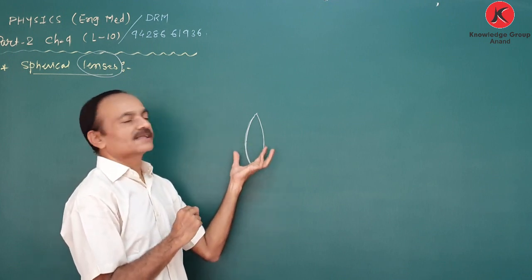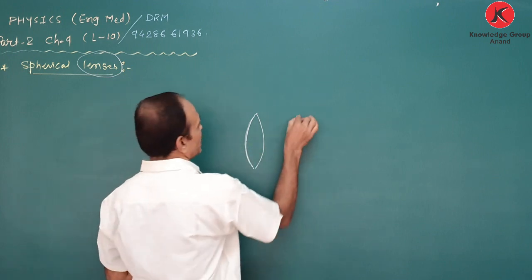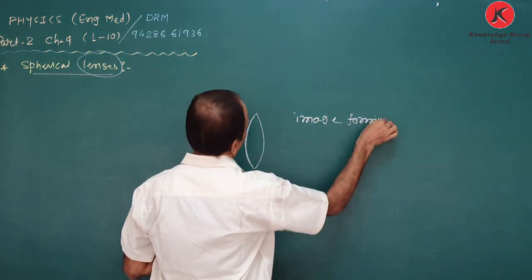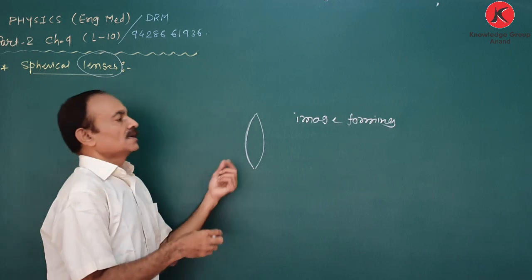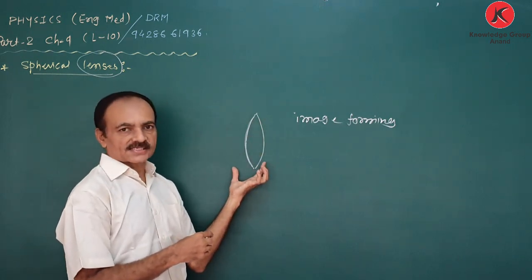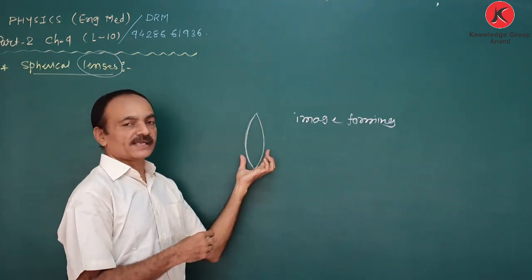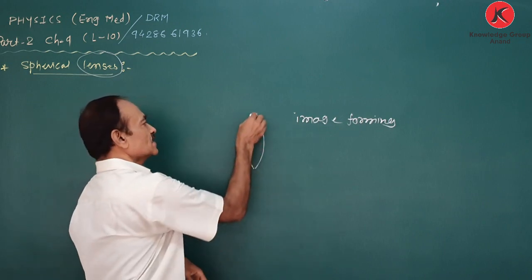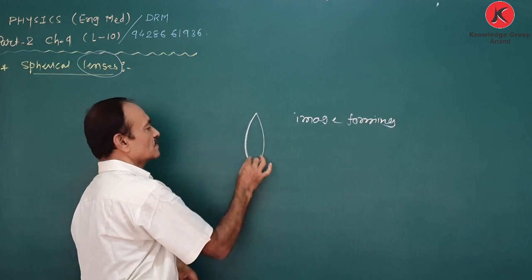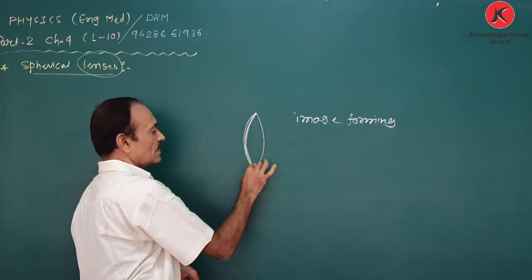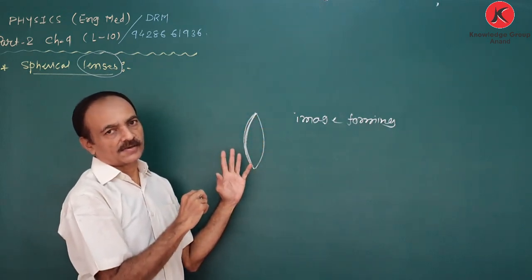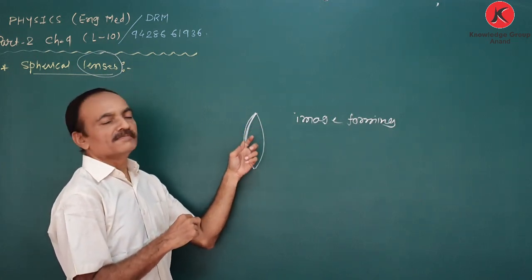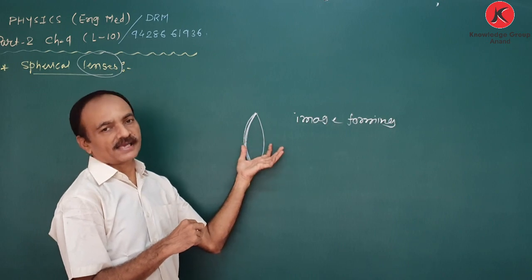Actually, the lens is an image forming device having two bounded surfaces. Out of these two, at least one surface must be curved. And due to that reason, the types of lenses are generally five.